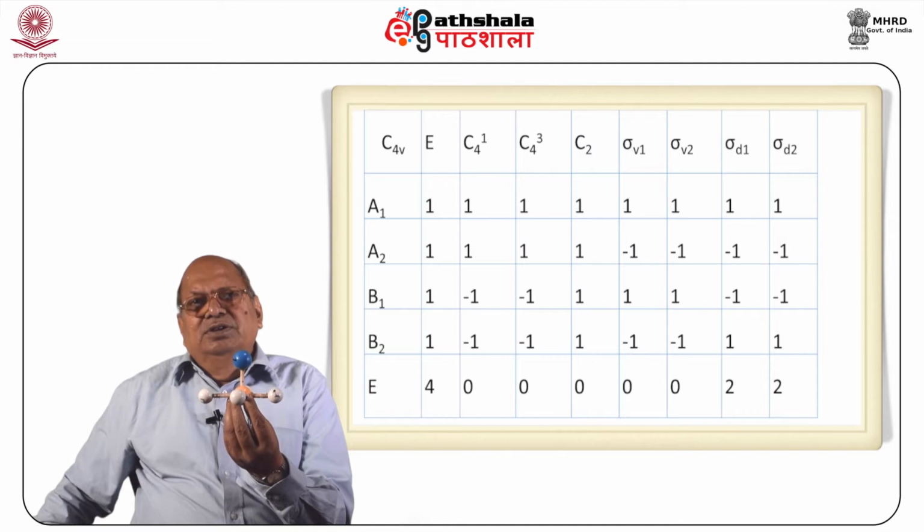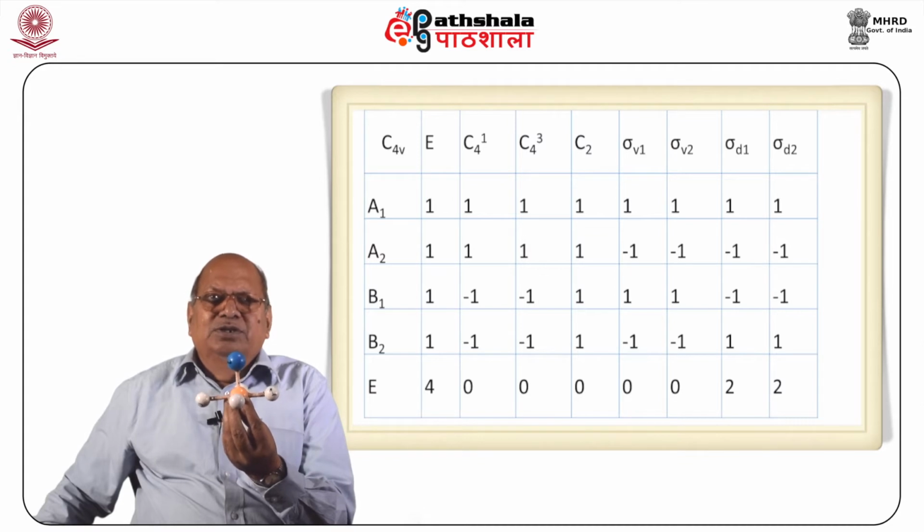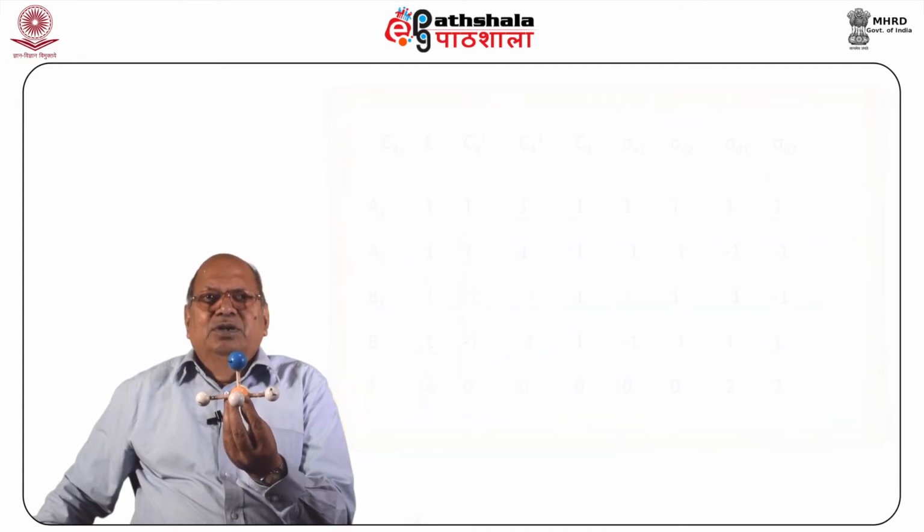That is, I will go on with the effect of symmetry operations for this: the effect of transformation operators or symmetry operations on these s orbitals on chlorine atoms, and the symmetry operations are corresponding to the C4V point group.